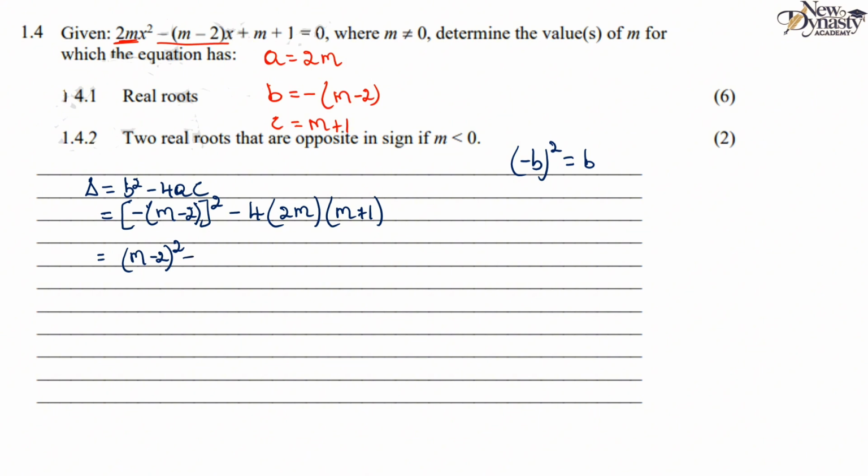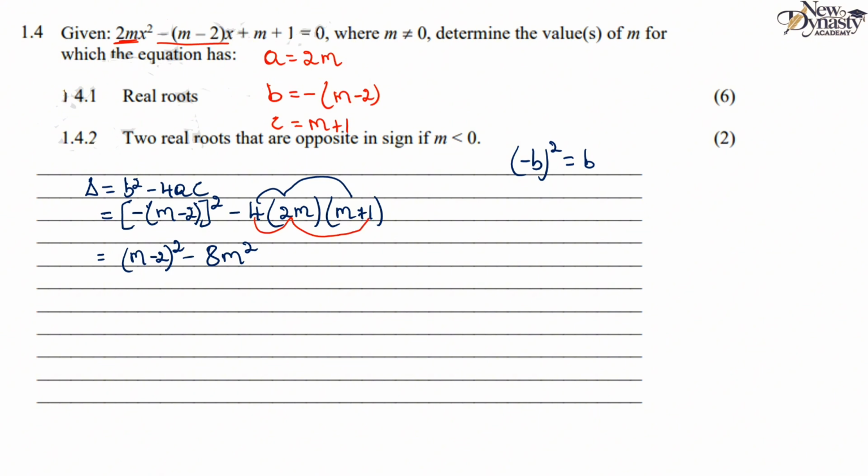Then you multiply here. You can see here we have to multiply here and there at the same time. So that is negative 4 times 2m, which is negative 8m, multiplied by m, and that is going to be negative 8m squared. And again, you have to go on and multiply this and that.